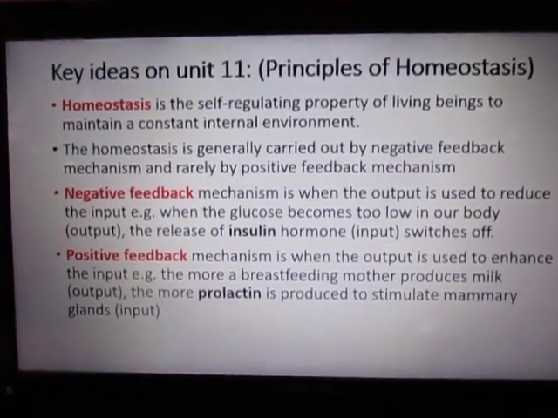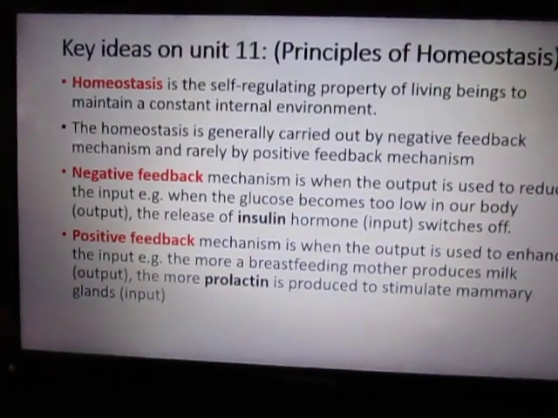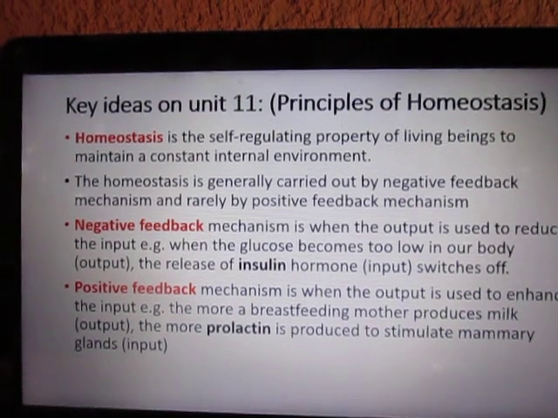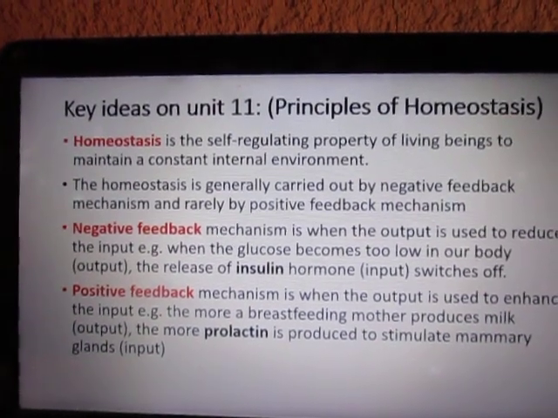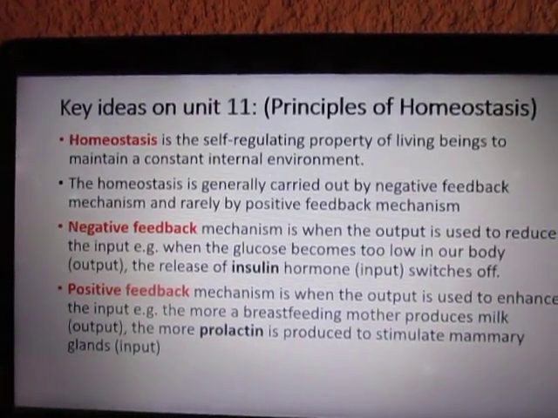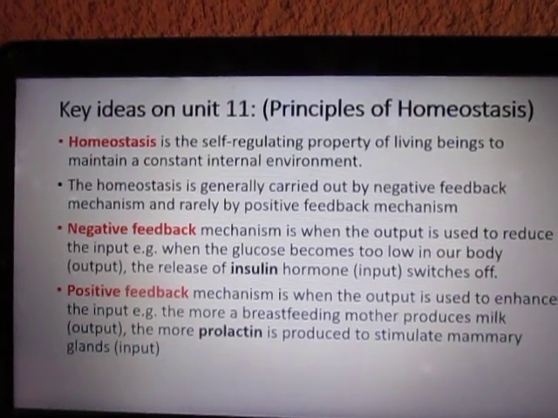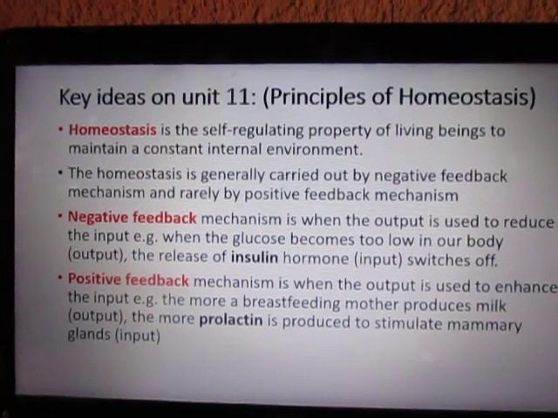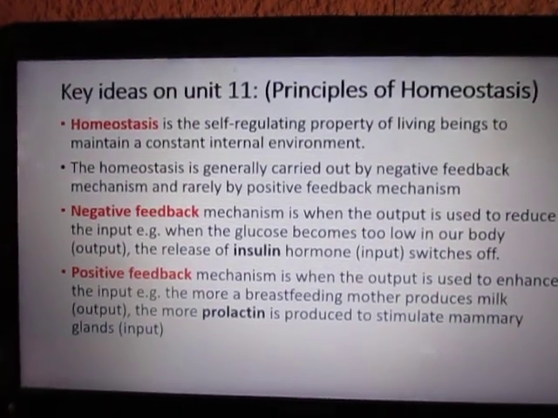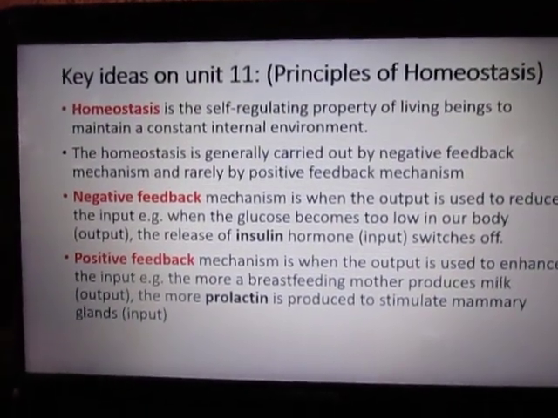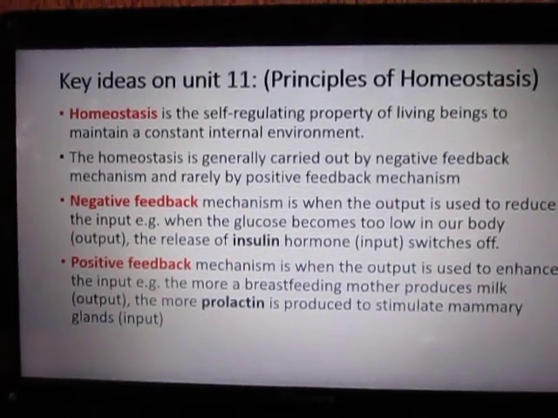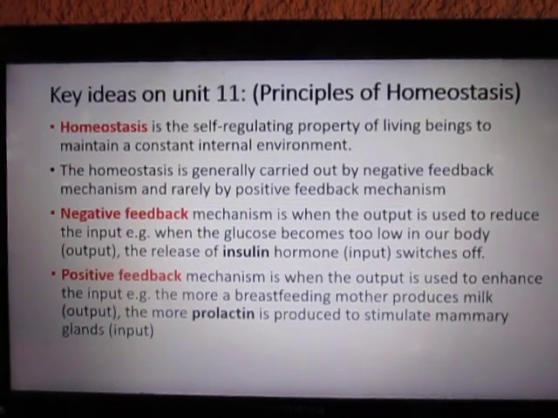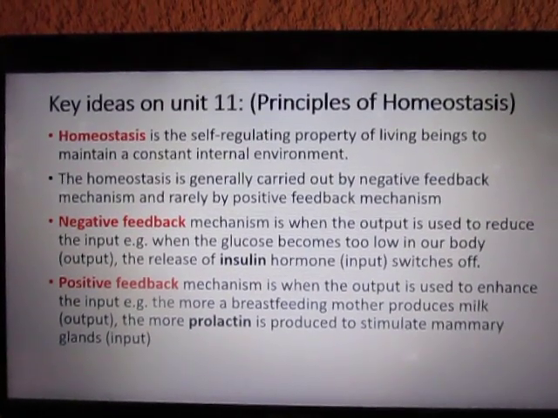There is the external environment, the weather around us. But the inside of our body, our blood, the fluid moving there, that is the internal environment. So this internal environment needs to be kept constant despite the changes of the environment.